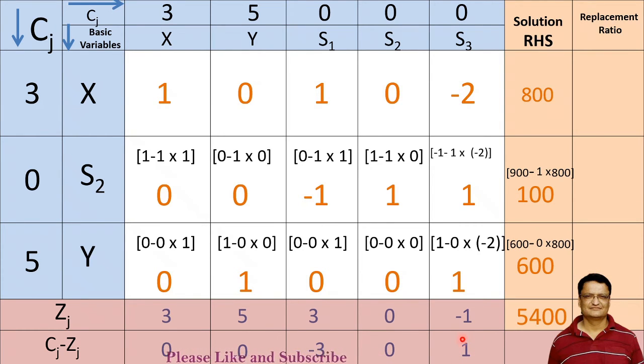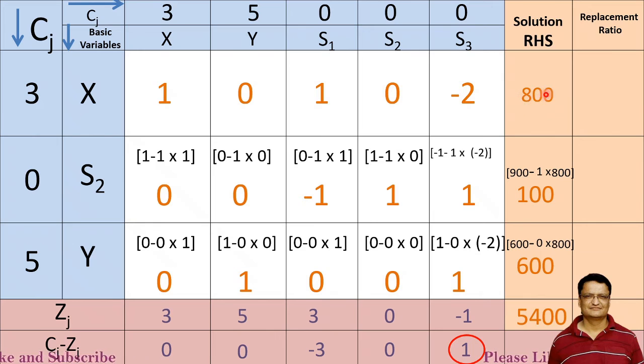The meaning of this is that as it is a positive value, we still have scope to improve. Now I want to indicate a few more things. Here the value of x is coming as 800. This is now the solution, which is a feasible solution but not an optimum solution.